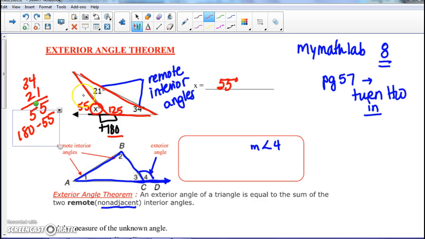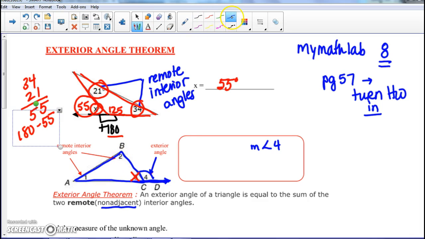Well, if you notice, this angle on the outside and the two angles on the inside are the same. 21 and 34 is 55, and the outside angle is 55. And that's what the theorem states: the exterior angle is equal to the sum of the two remote interior angles, the ones that are not adjacent, so not the one that's next to it, that's supplementary, but the ones we call the remote interior angles.